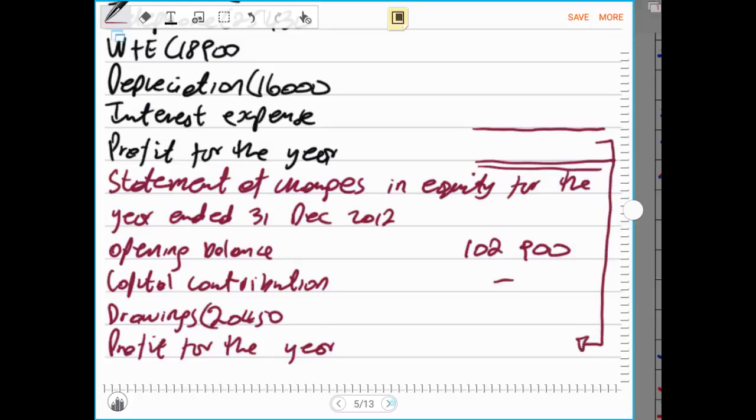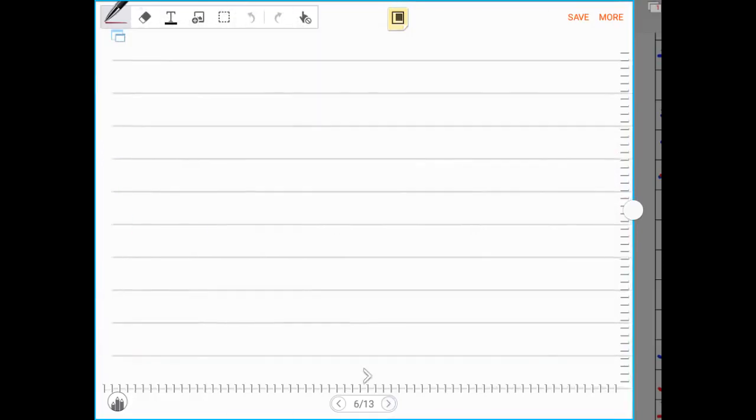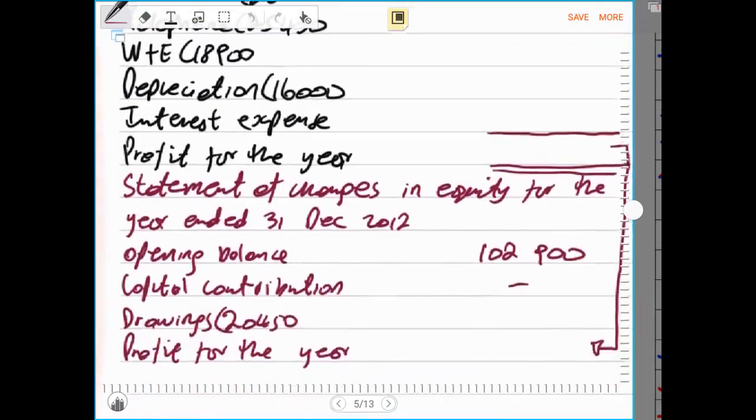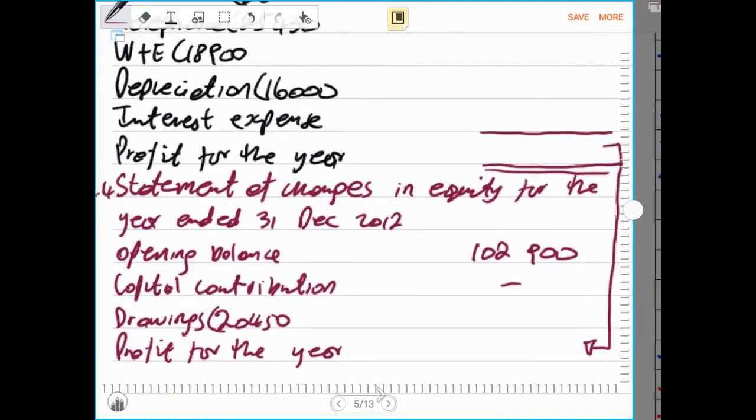Then after, we do the next statement, which is, this was 1.4. Then we do 1.5, and 1.5 is the statement of financial position.